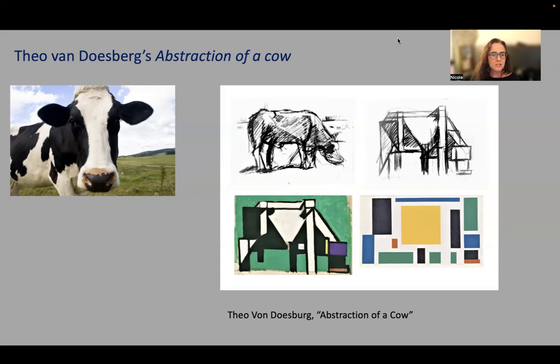So we still see the sort of shape structure of the first abstraction, but it's even more simplified into white shapes, black shapes, and some areas of color. So it's quite a bit harder now to see cow anywhere in this, but we can see where the inspiration or the idea or the selection came from. Okay, so we're sliding that scale, we're taking that slider and we're moving it more and more towards abstraction now.